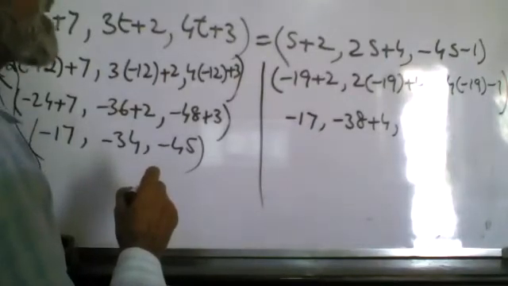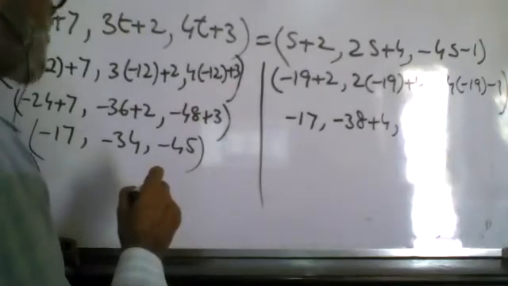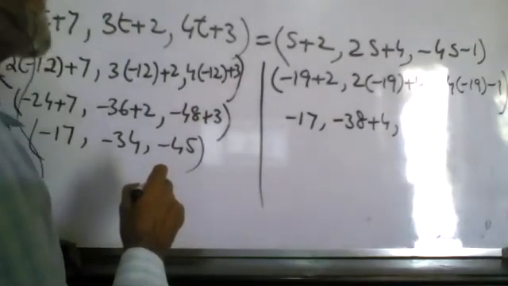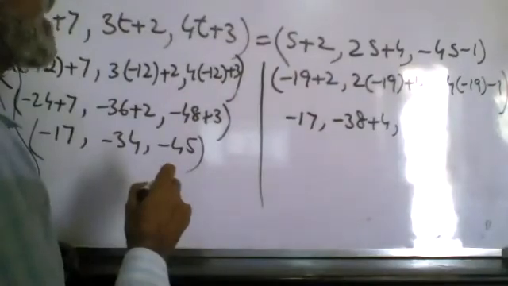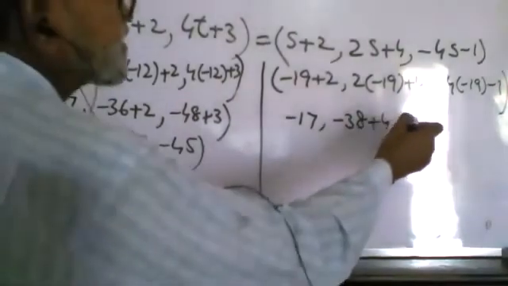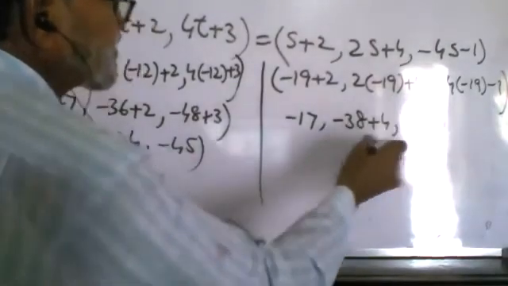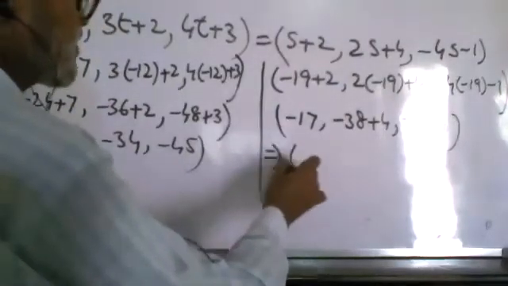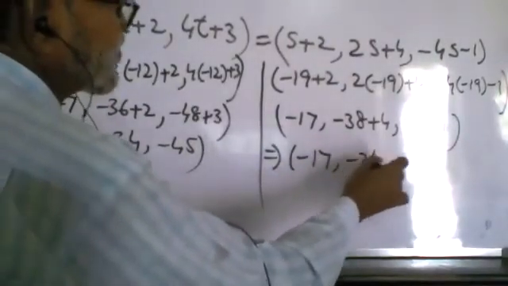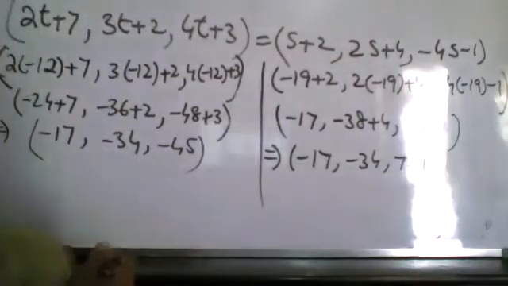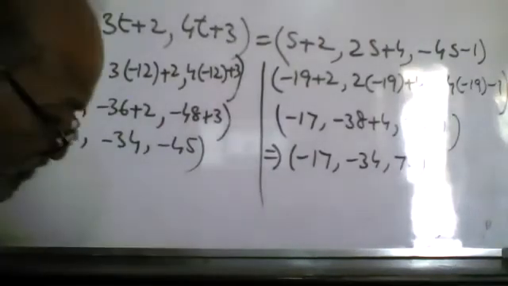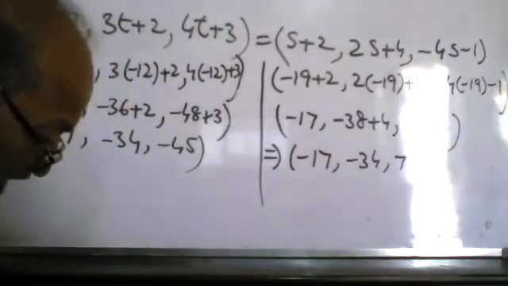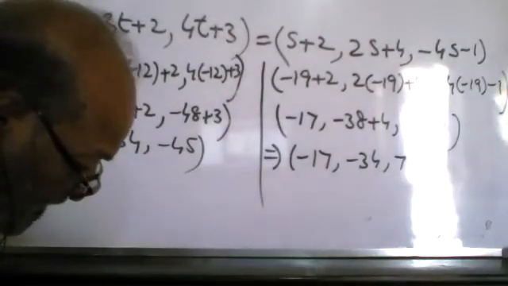Sorry, minus minus plus. 19 fours are 76. So minus 17, minus 34, and 75. That was question number 27.